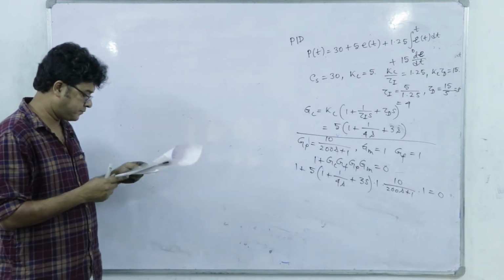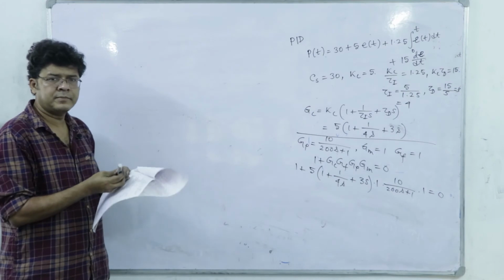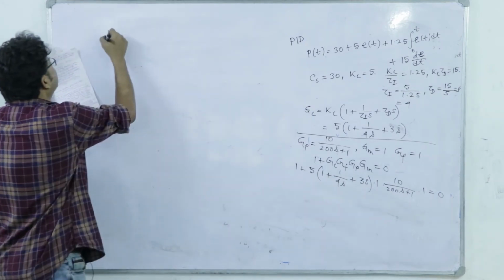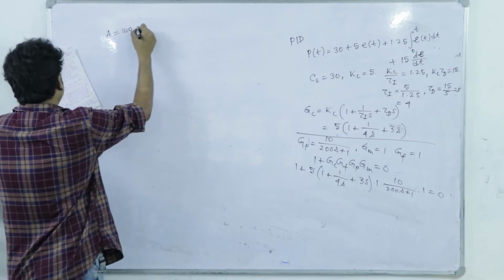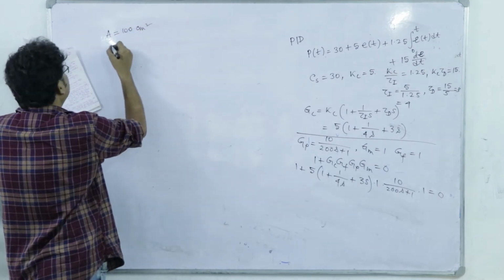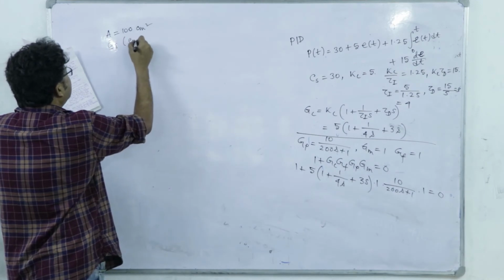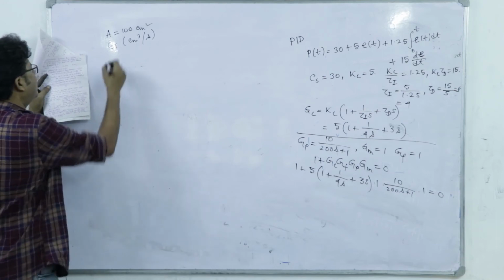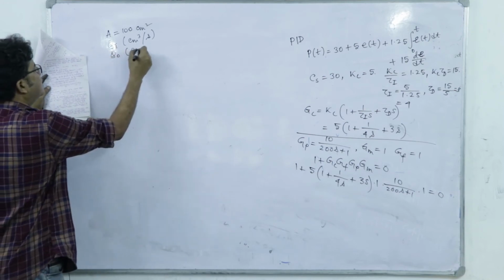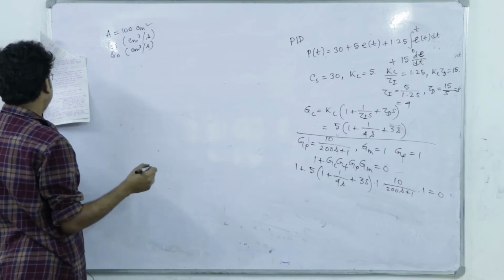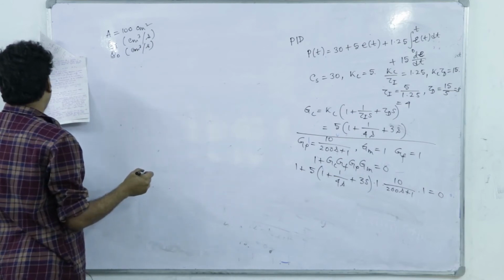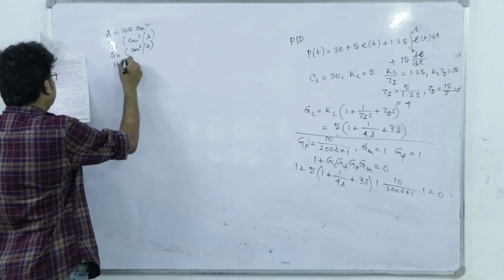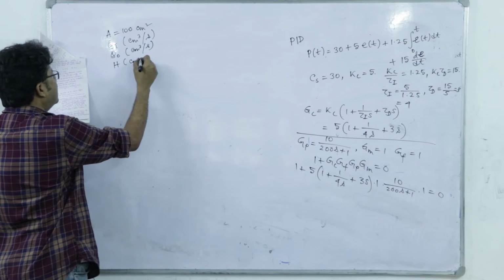Next question: a tank of cross sectional area 100 centimeter square has an inlet flow rate Qi in centimeter cube per second. An outlet flow rate Qo, also in centimeter cube per second, is related to the liquid height H in centimeter.